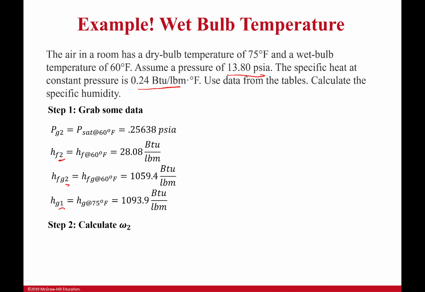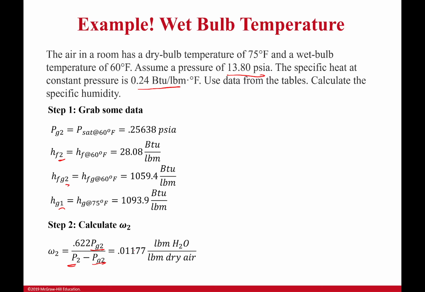Now, we have all of our information, so let's go ahead and calculate the specific humidity for that wet bulb case. So I have everything I need here. I have my pressure already given. It was 13.8 psi. I have this partial pressure, which is the completely saturated case, which is going to be 0.2564 psi.